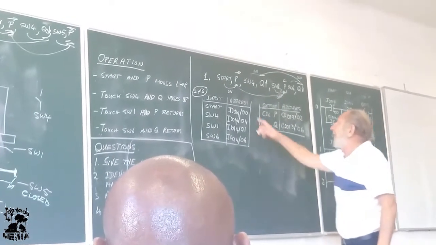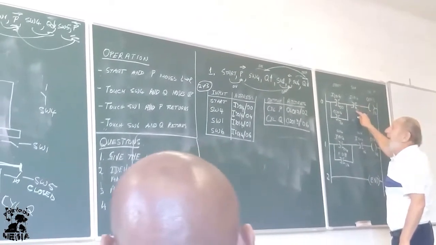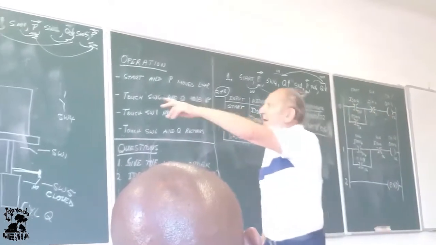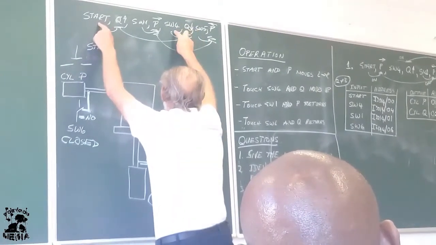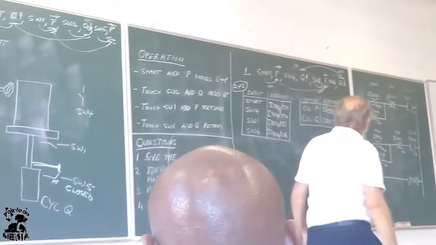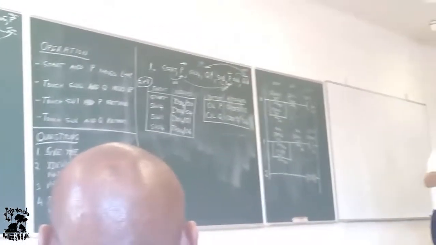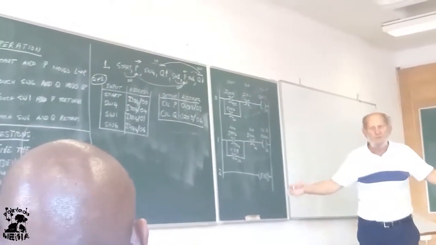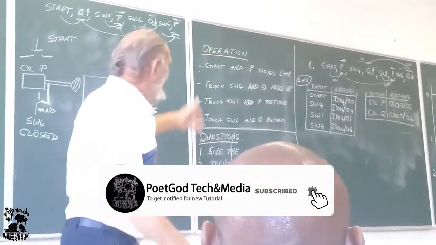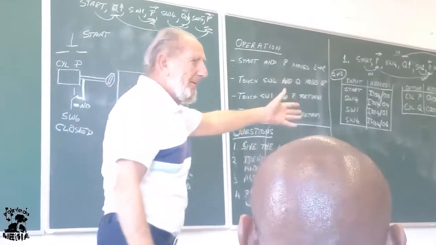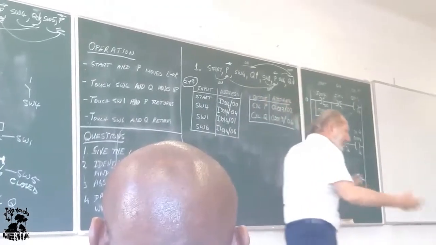But P is controlled from the start button and switch 1. Okay, sorry. There. Q will be on top, and then P. And Q is determined by the start button and switch 4. That will be start button, switch 4, and Q. And you can use any of your own choice of addresses. Do you see that it will be the same drawing? This list will be different. So there will be different addresses.